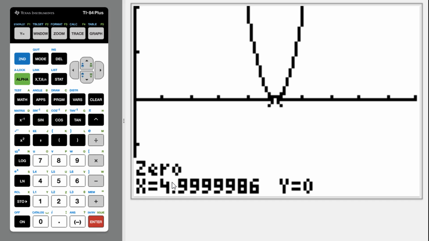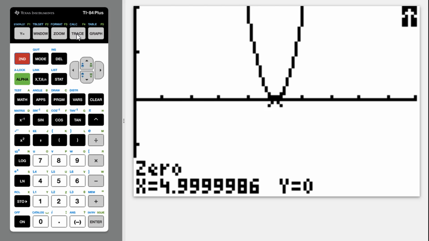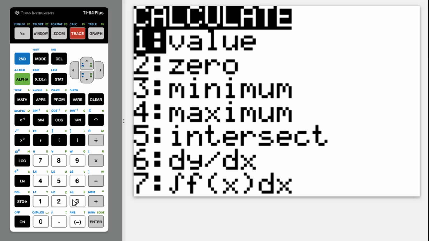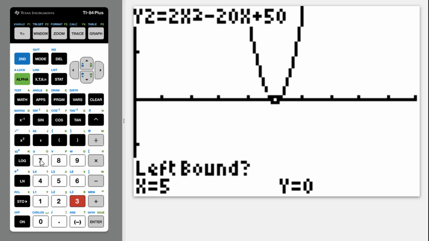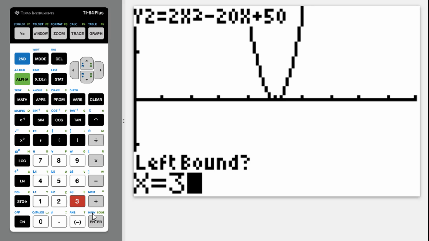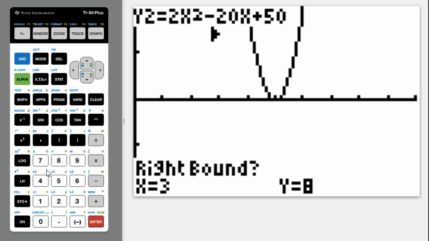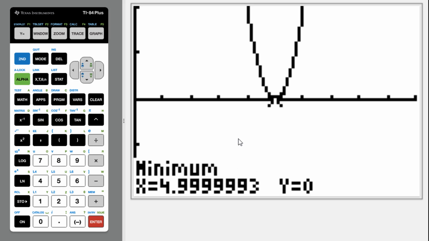They give you 5.0 on the x-axis. If you do second trace, go to minimum, still 3, enter, 7, enter. You will get the same thing, which means this graph just touches the x-axis once.